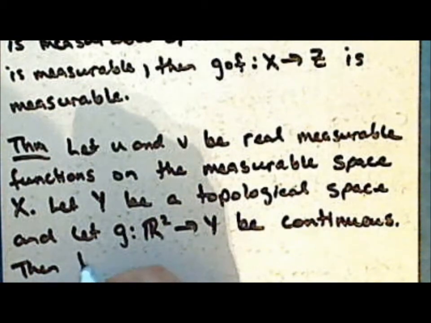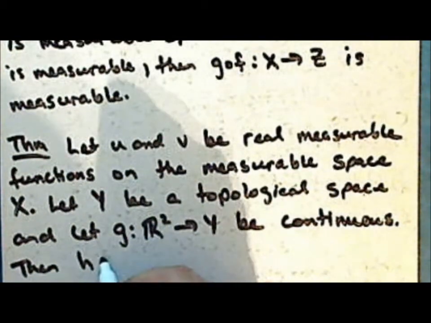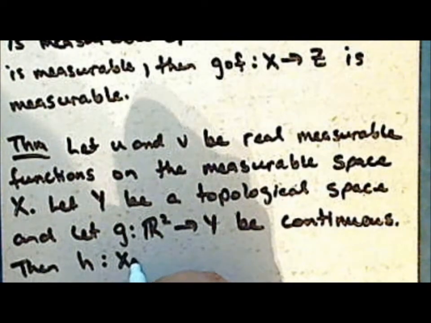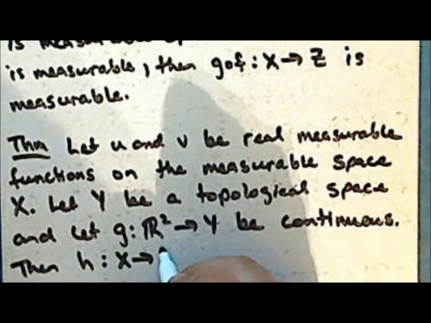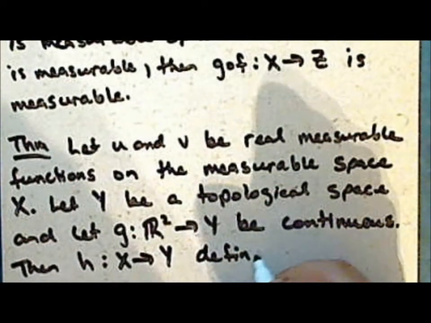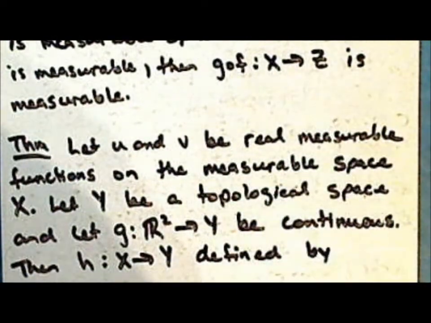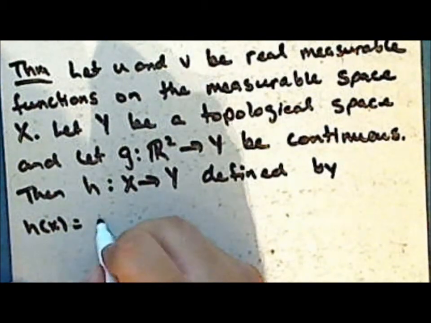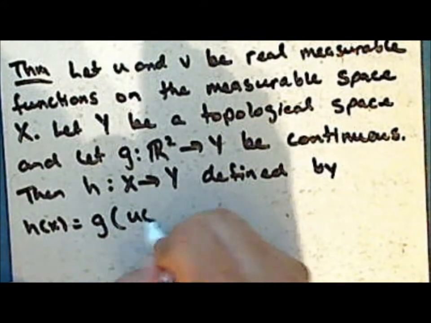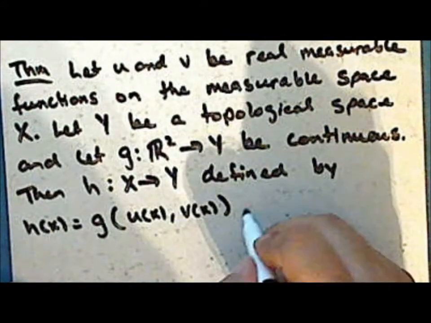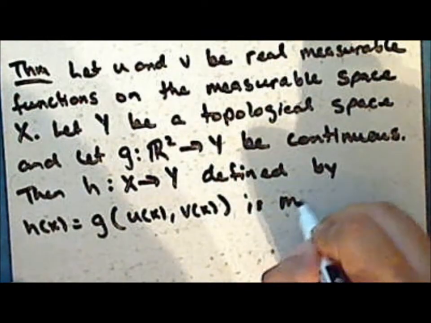Then the function H, being a map from the measurable space X into the topological space Y, defined by H of X is G of the ordered pair U of X, V of X, is measurable.